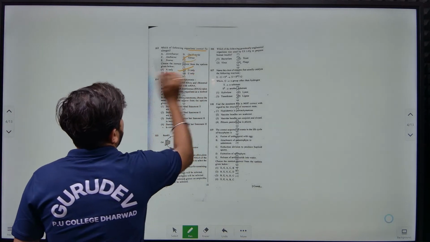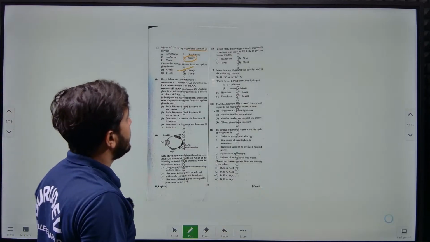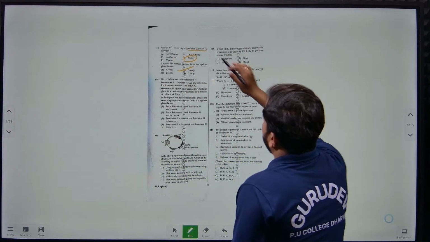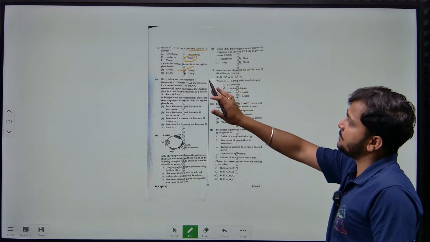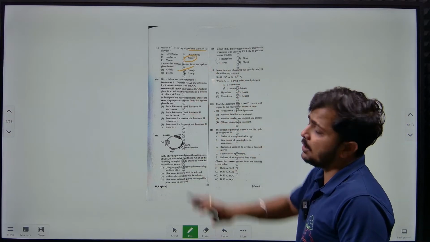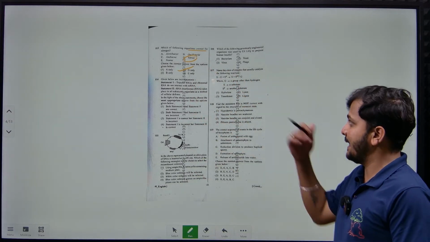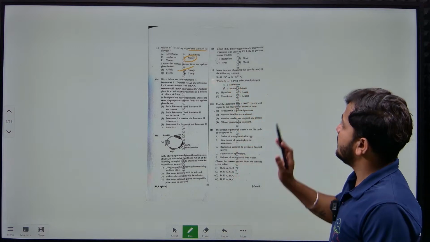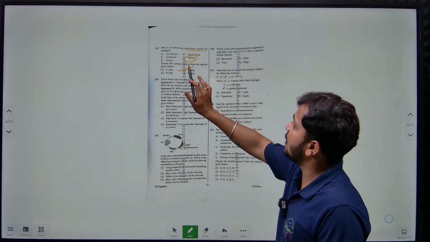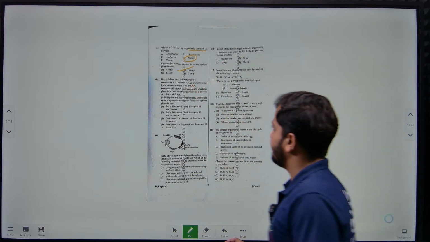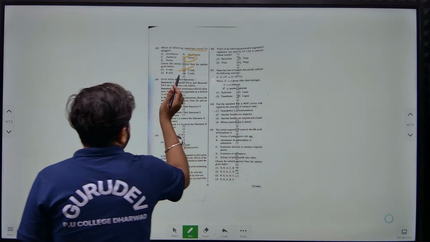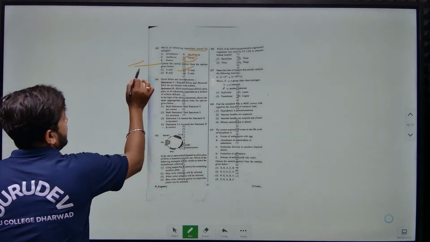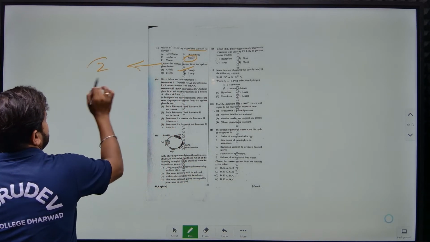The remaining all of them are related to bacteria as well as cyanobacteria, right. So here option D is the only correct option, because the one which cannot fix is Volvox, right. Then statement based question. So here 113th option 2 is correct.